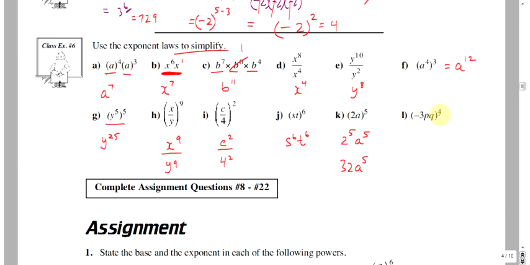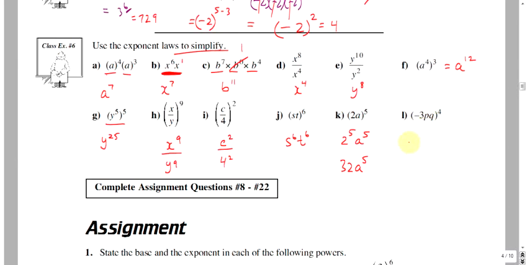Okay, does this 4 apply to everything in the brackets? Even the minus sign? What's a negative taken to the power of something positive? What's a negative times itself an even number of times? Positive. If you see that, you don't even have to worry about the sign anymore. I'm going to write this really weird, okay?